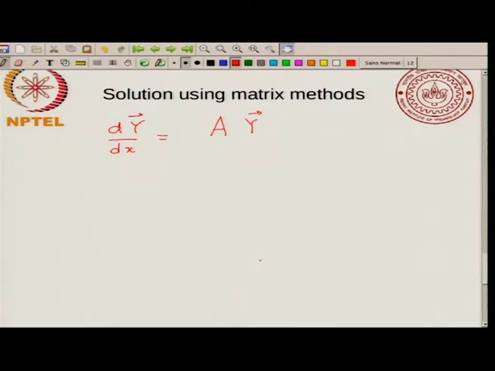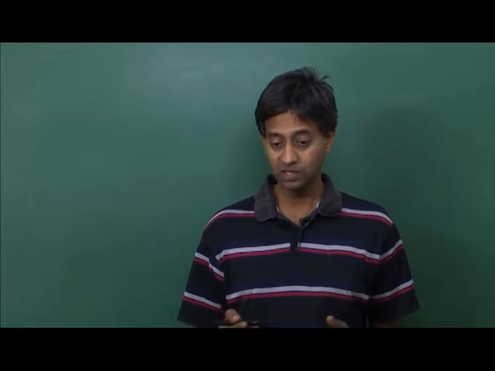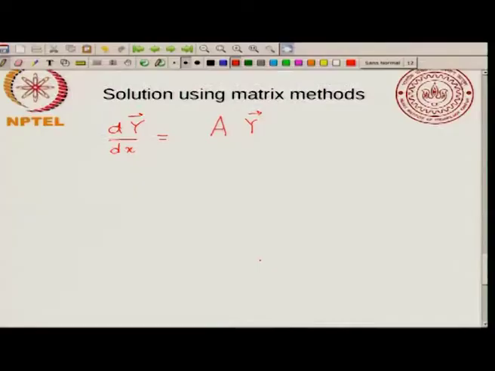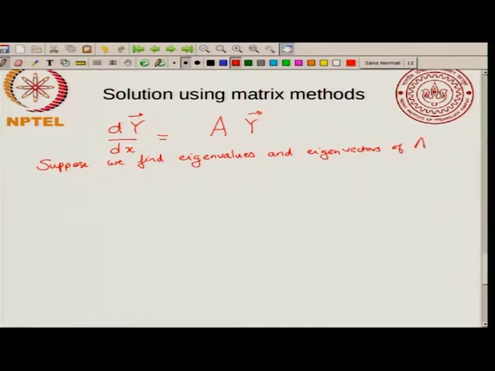One of the things I had said when we discussed matrices is that one of the most powerful techniques in matrices is that of finding eigenvalues and eigenvectors. So, suppose we find eigenvalues and eigenvectors of A. What do you mean by finding eigenvalues and eigenvectors?